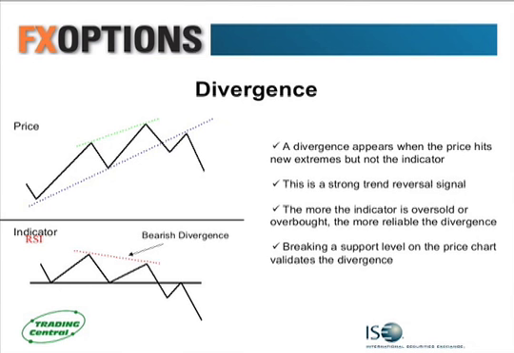But the condition is, for the RSI, for example, that the RSI is overbought. By definition, the RSI is overbought when it trades above 70, the 70 area. So imagine that the 70 area is just there.